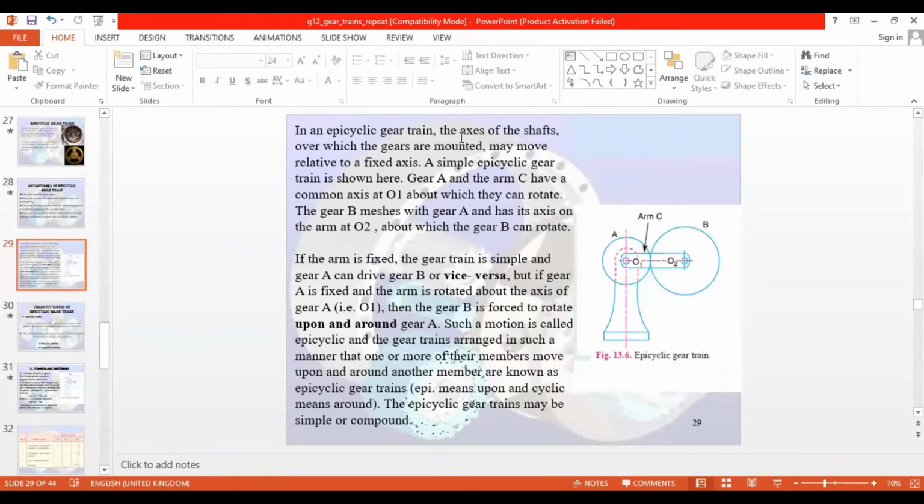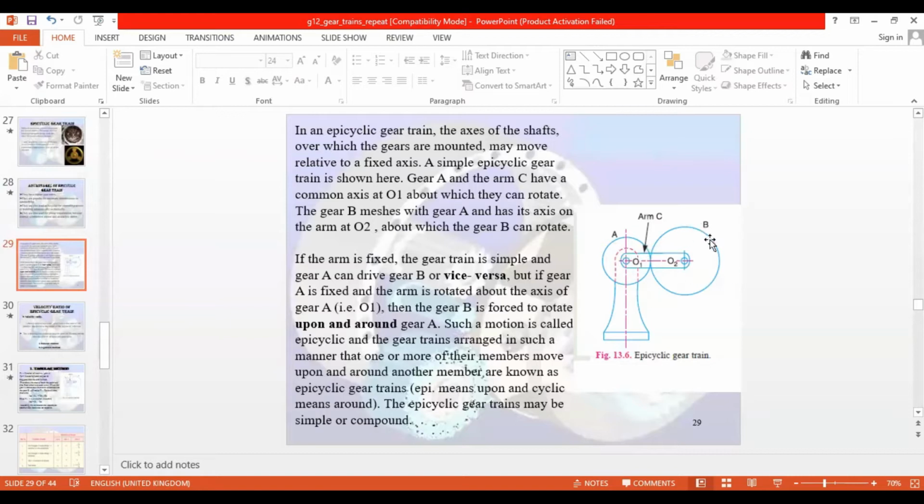In an epicyclic gear train, the axis of the shafts on which the gears are mounted may move relative to a fixed axis. This is a fixed axis you see here. But here there is an arm C connected between gear A and gear B. The axis of the shafts on which the gears are mounted may move relative to a fixed axis.